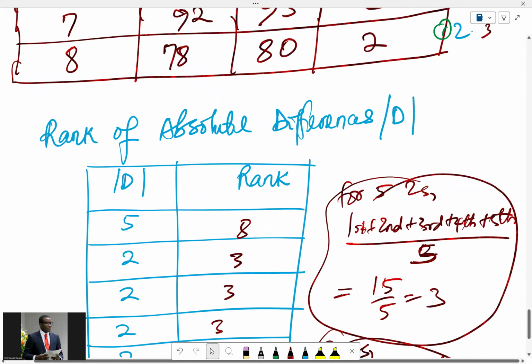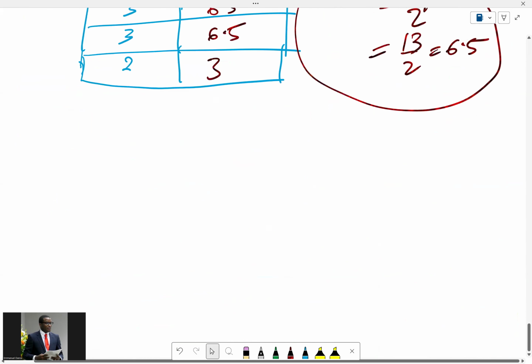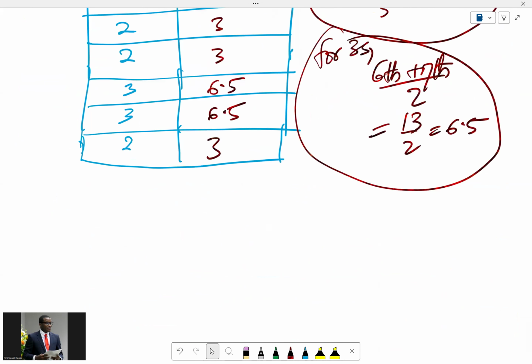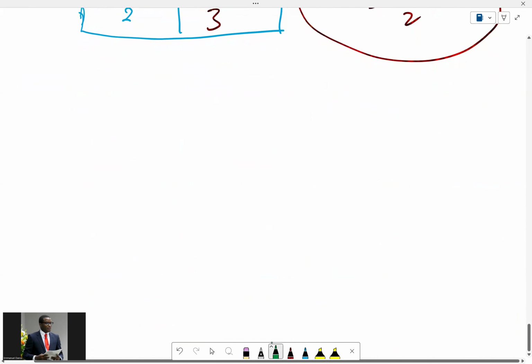Now, since you have got the ranks for the absolute differences, the next thing we need to do is to assign signs to ranks.